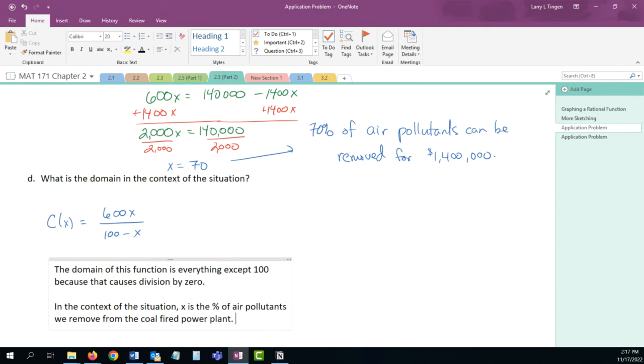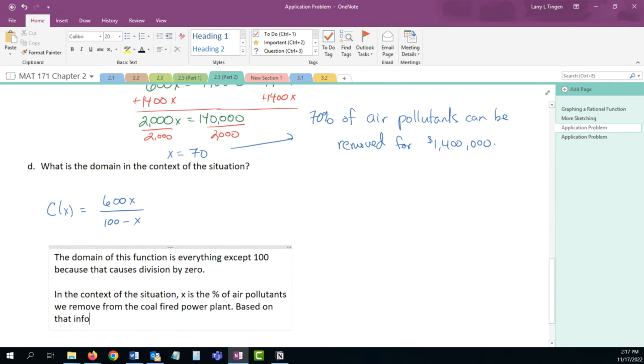Okay, so X lives between, it's a percentage, so it's got to be between 0 and 100, right? It has to be. So based on the problem, based on that information, the domain should be 0 to 100.